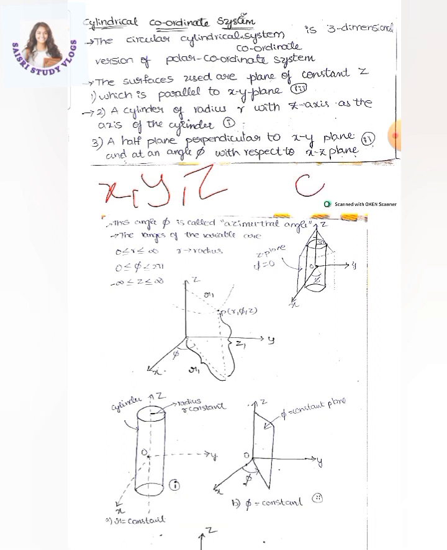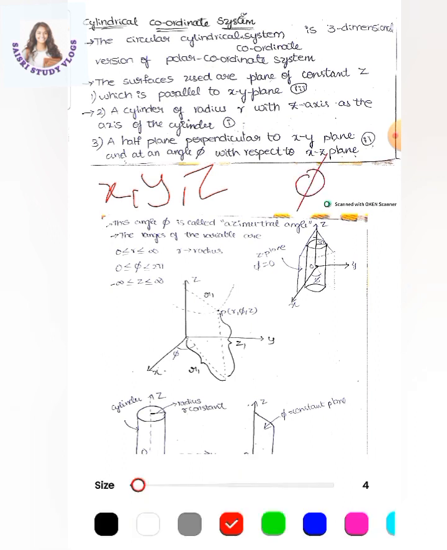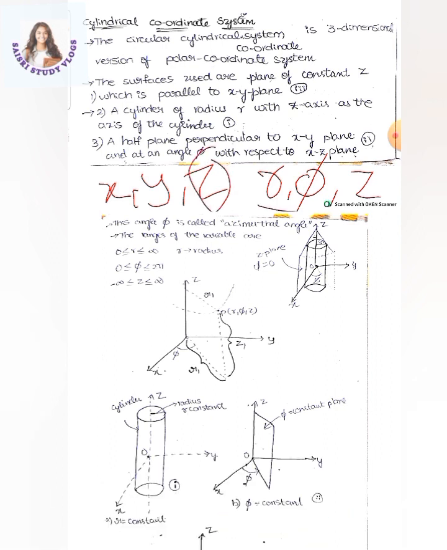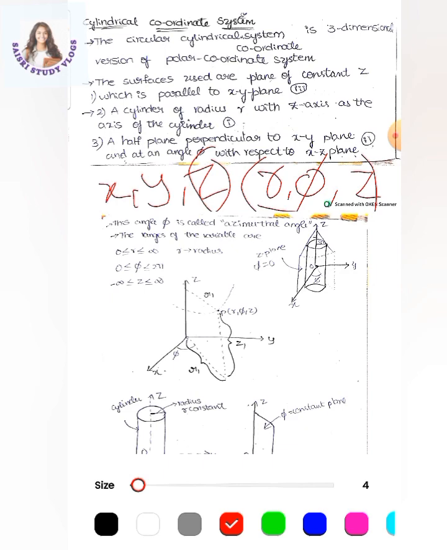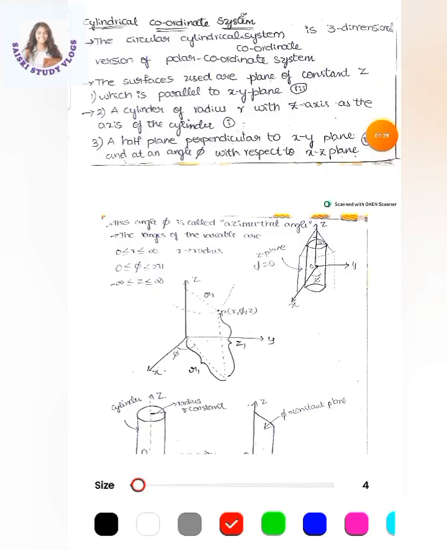The curved surface part is phi, and from the top part we can find the radius r. The other parameter is the z-axis as we have in the Cartesian plane. So these are the three present in the cylindrical coordinate system. This is the basic difference between the Cartesian coordinate system and the cylindrical coordinate system.